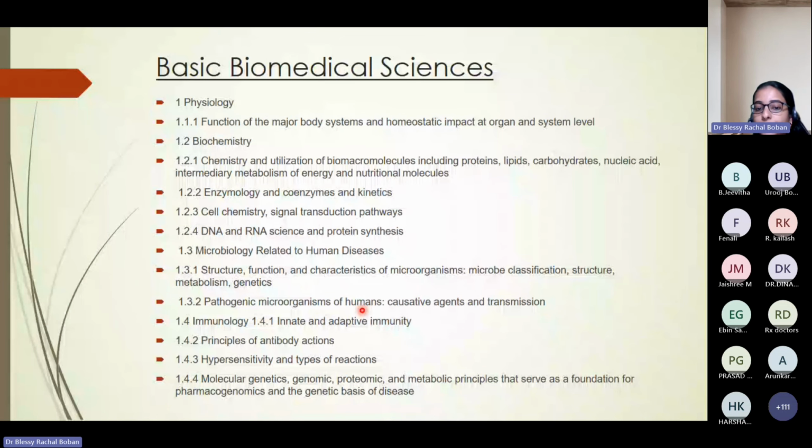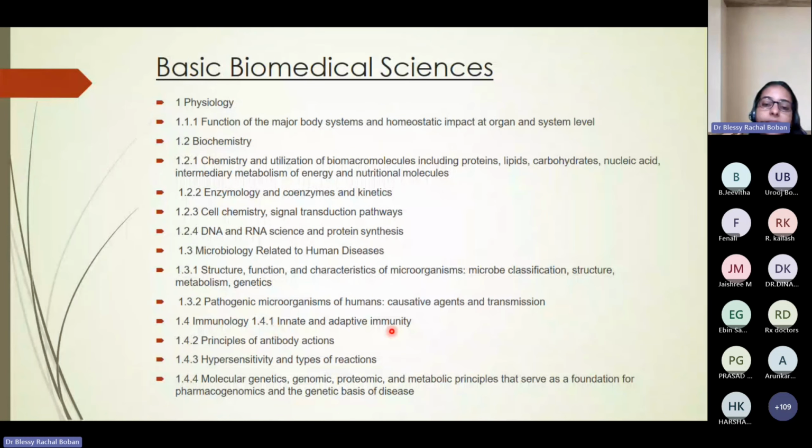And pathogenic microorganisms of humans, causative organisms, for example the causative organism of diphtheria, you can expect. Even brucellosis: is it a bacterial or viral infection? Actually, brucellosis is a bacterial infection transmitted by cattle via contaminated milk products.